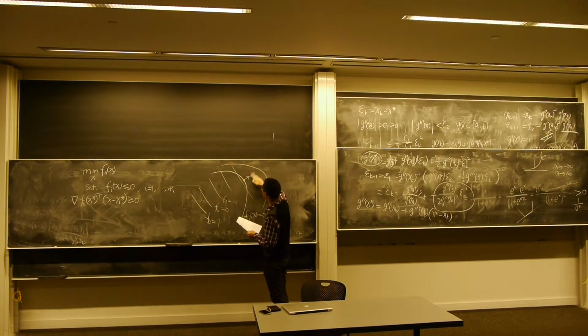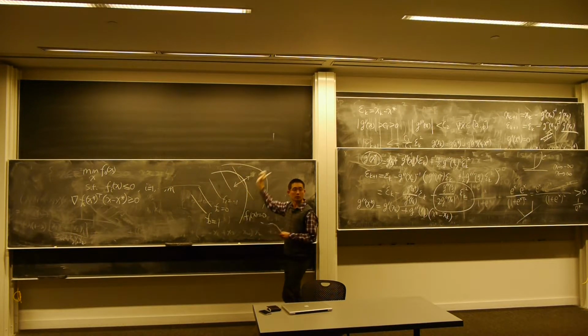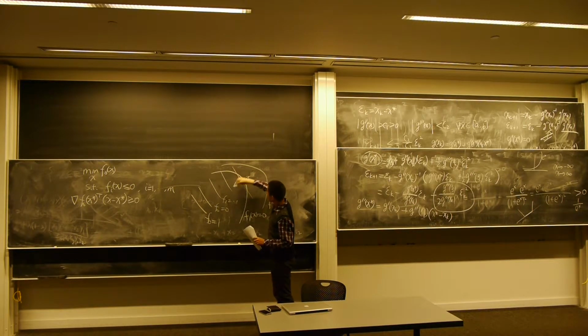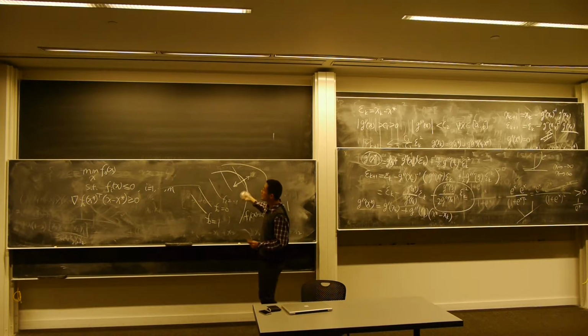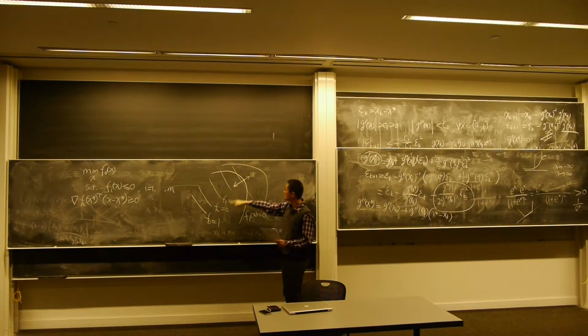I need to backtrack. The gradient of f naught is in the opposite direction because you want to walk on the negative gradient. So what you can conclude about the optimal point of the constrained problem is that instead of having 0 gradient on your objective function, your objective function's gradient is a linear combination of the gradients of your constraints.